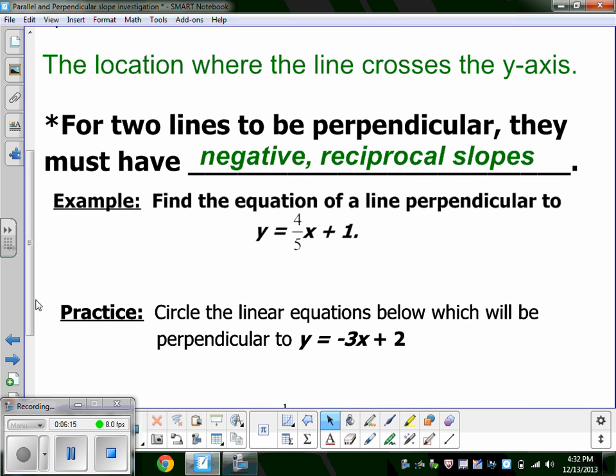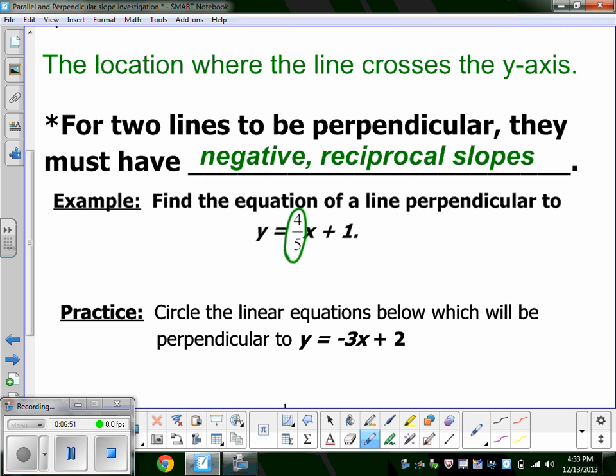Let's take a look at this example here. If we are given the equation y equals 4/5 x plus 1, in order to create a line perpendicular, we are once again going to look at our slope. We need an equation that is going to have a negative reciprocal of 4/5. In order to make the reciprocal, we take the fraction and we flip it over.